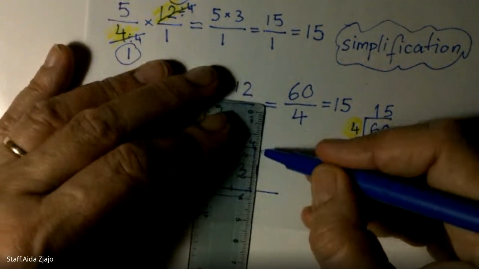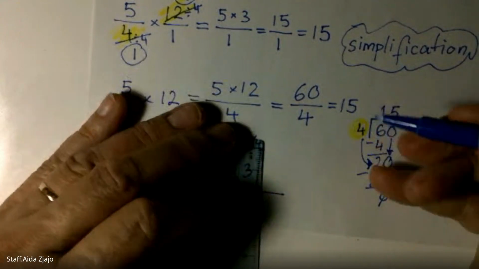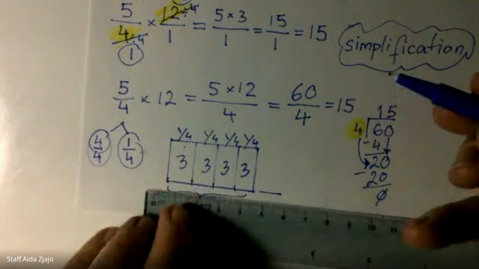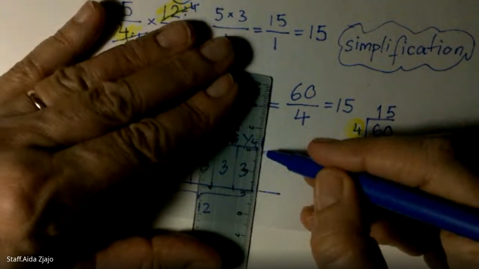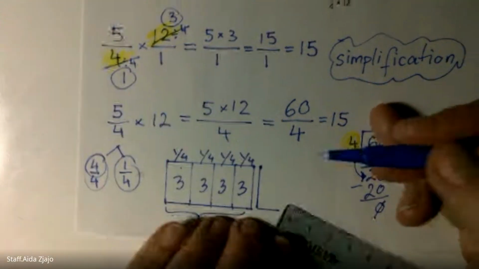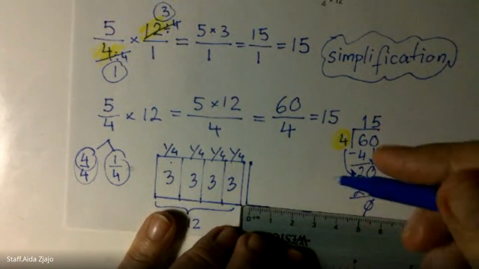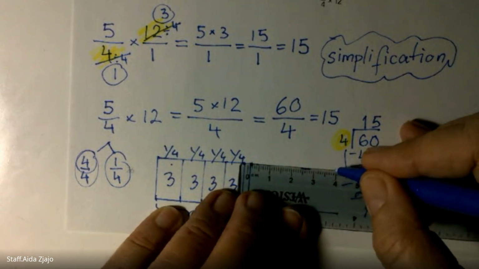There you go. I'm going to make another whole, but I will only have 1 more fourth.